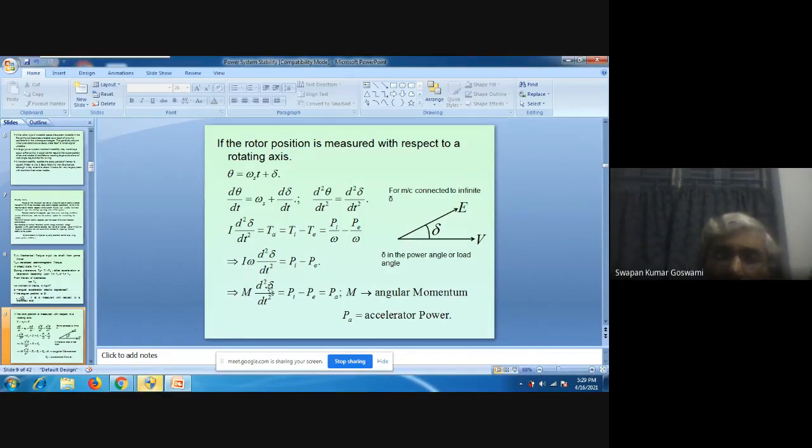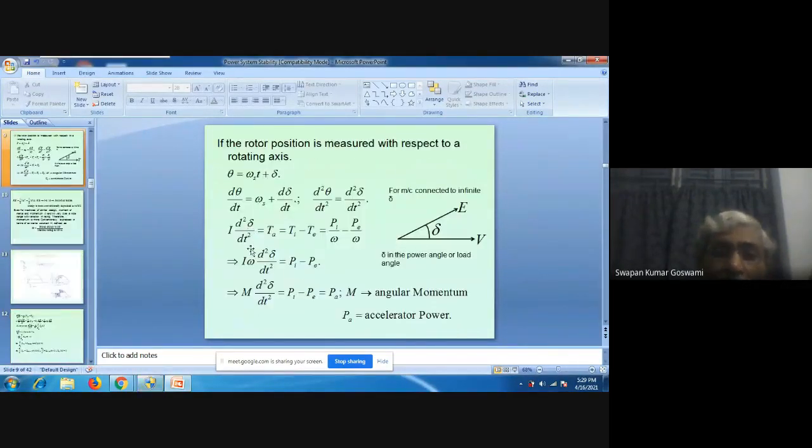So M d2 delta dt2 equal to Pi minus Pe, and let us write Pi minus Pe as Pa. This is the difference between input power and output power, so it is responsible for acceleration of the rotor. It is the accelerating power.